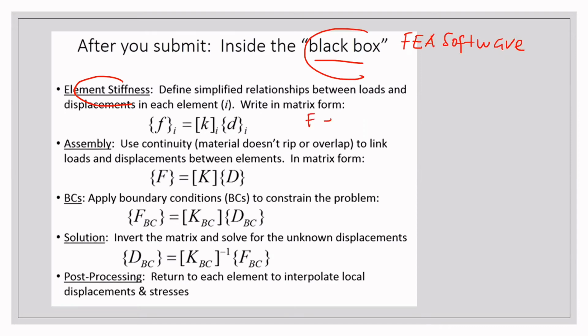F equals k d, and we have one of those for every element. So let's say that we have 1 million elements, and then we have 1 million matrix equations initially. And then we apply some conditions. We call them continuity equations, which specify that the material doesn't overlap on itself.